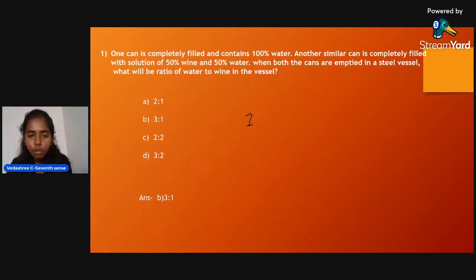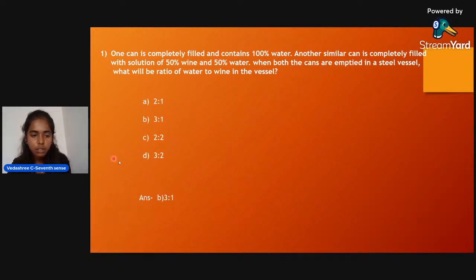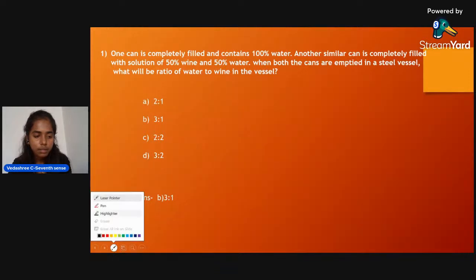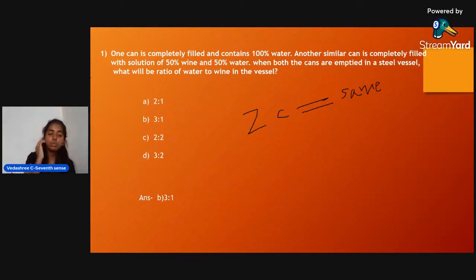So what is given? We know two cans are similar, that is, two cans are of the same quantity.